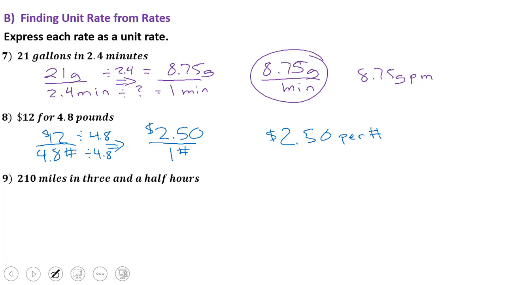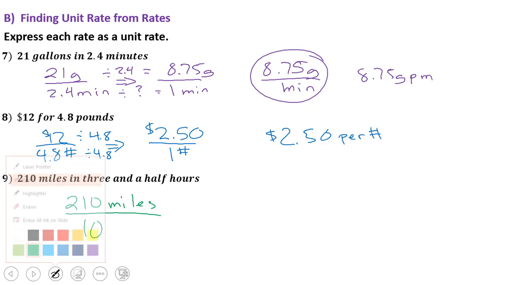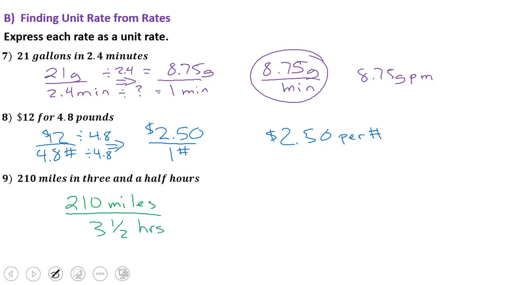Our next one, 210 miles in 3.5 hours. Oh, all right. Well, we can write a ratio with fractions in it. So we have 210 miles in 3.5 hours. All right.